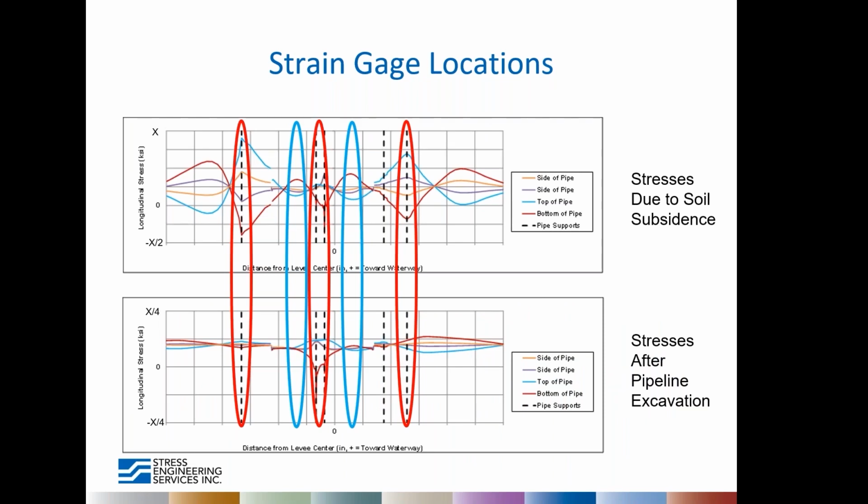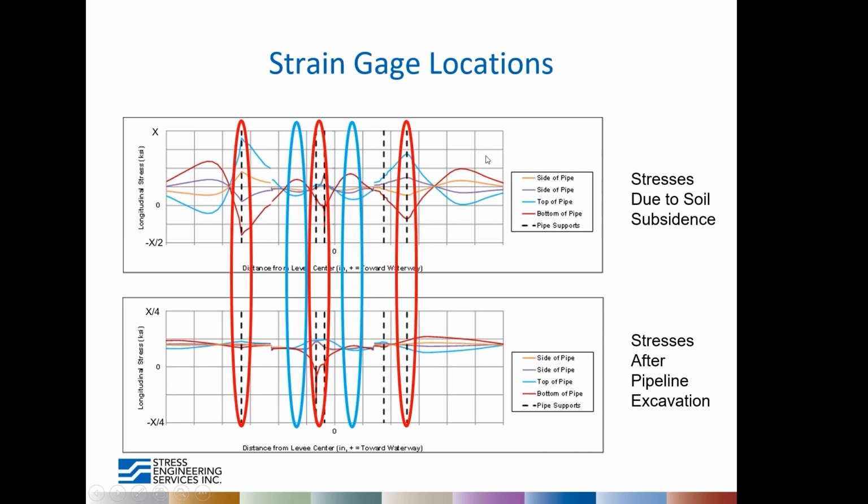So for strain gauge installation, what we did is we looked at the FEA results and we figured out that there were a couple locations that made sense to install strain gauges. Basically, we look at the FE results to see where we have relatively high local peaks in the longitudinal stresses, because those are the places where the strain gauges will be the most effective. And so what we see here, the dashed lines are the pipe supports.